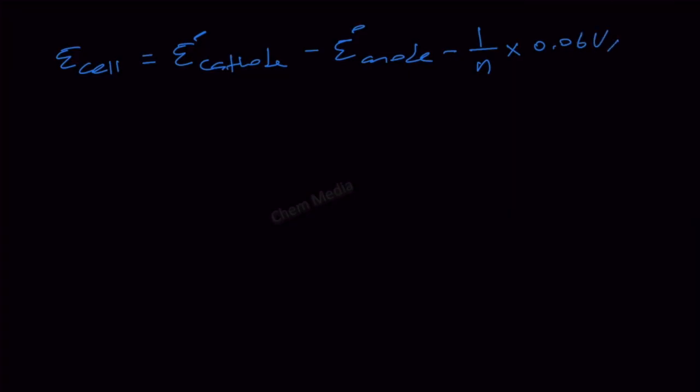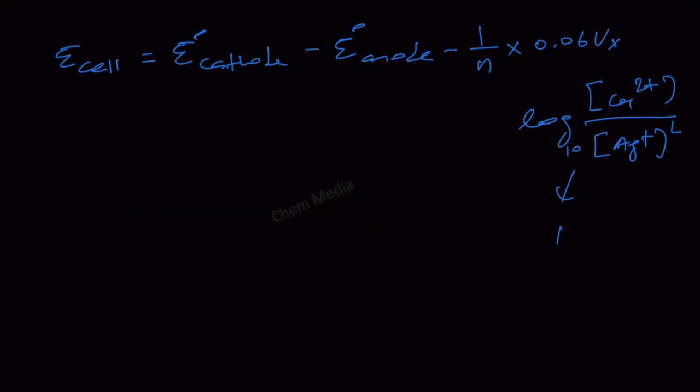So E cell is equal to E standard cathode minus E standard anode, minus 1 by n times 2.303 RT by F, which is given as 0.06 volt, times log of the concentration of Cu2+, which we found is 1 molar, divided by Ag+ squared.